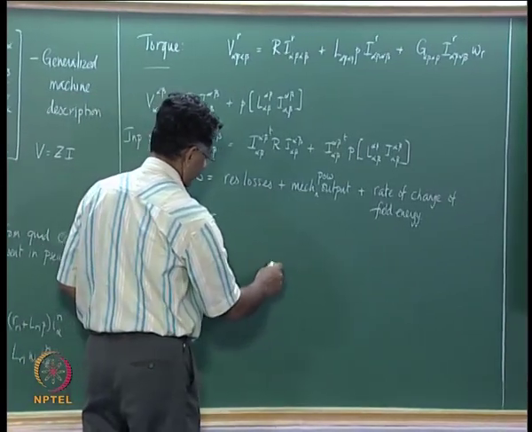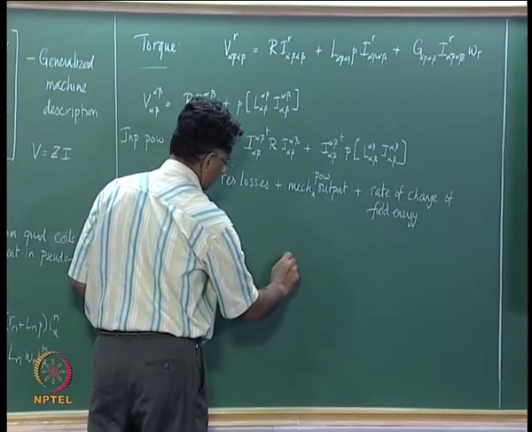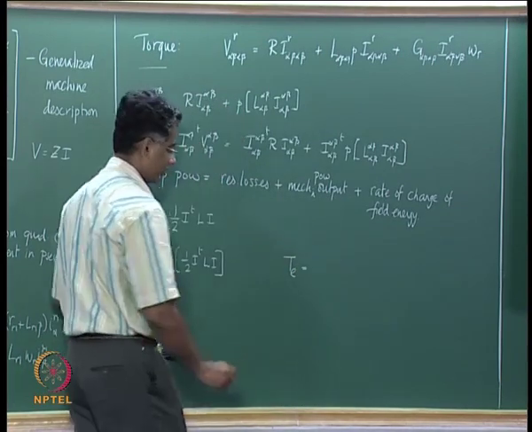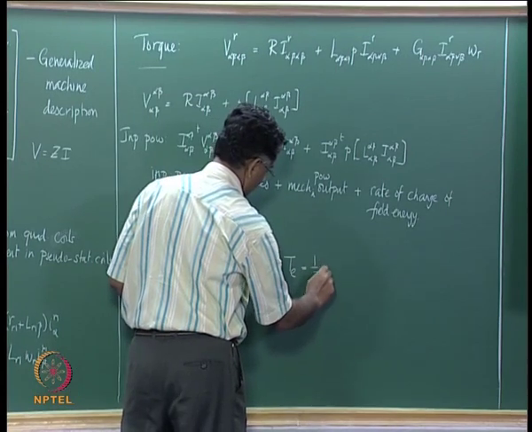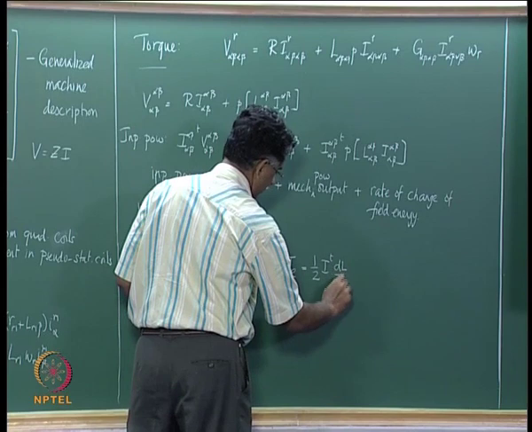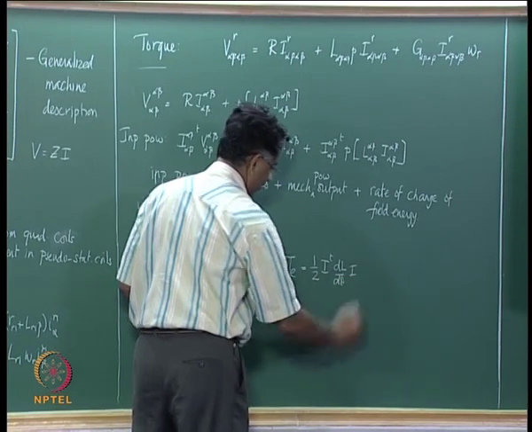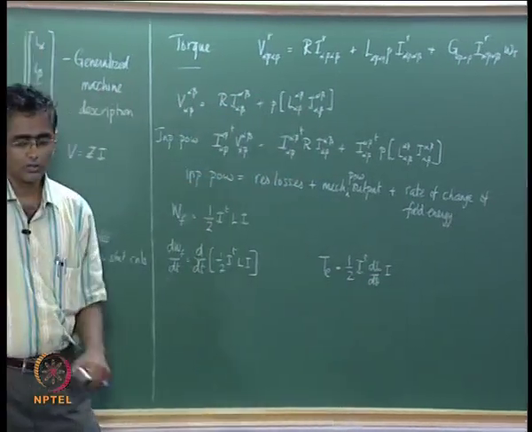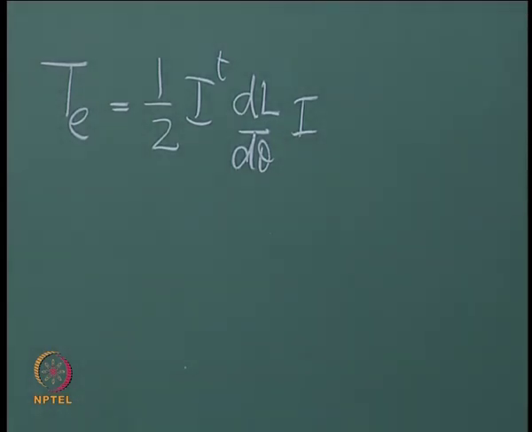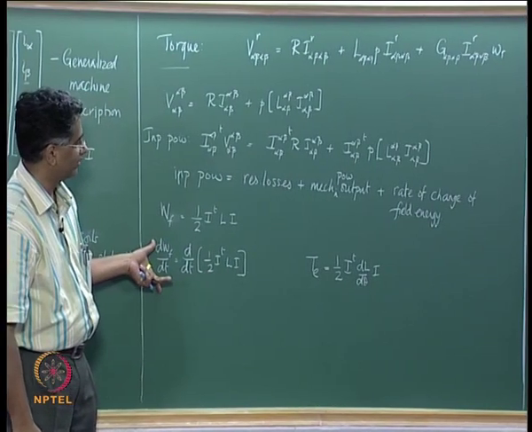And if you remember, the expression that we landed with was the generated electromagnetic torque is half of I transpose dL by d theta multiplied by I. All that we had to do is differentiate this, that gives the rate of change of field energy.